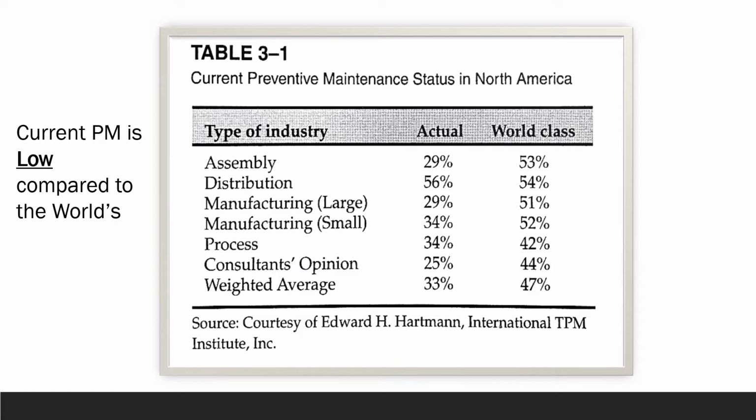You can see assembly, distribution, manufacturing, large and small, and process, consultants' opinions and weighted average compared to the world class. It is low, and the reason is that we have the ability to replace the components because we have the parts.